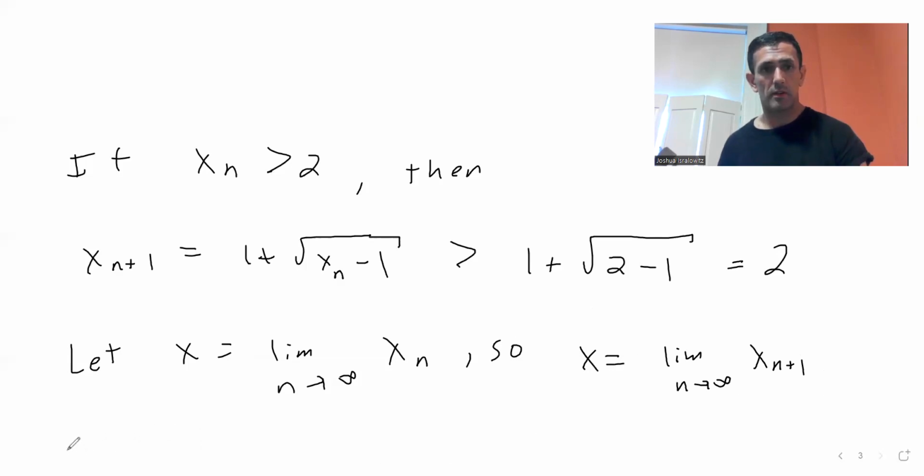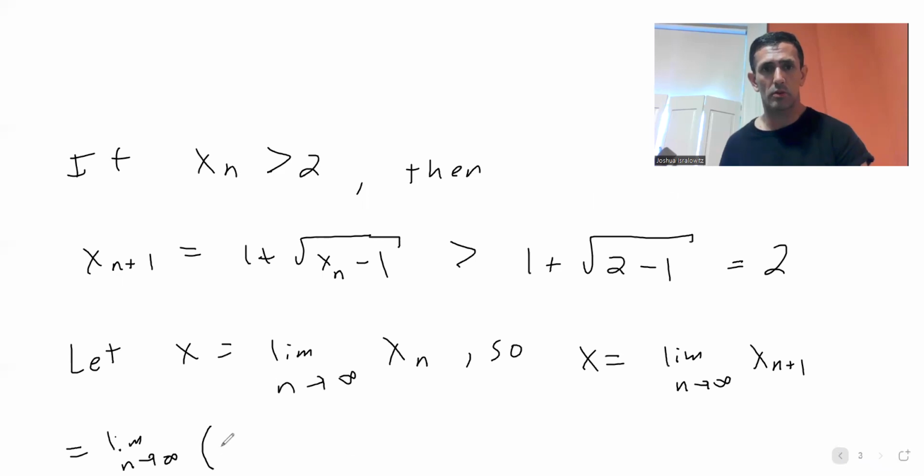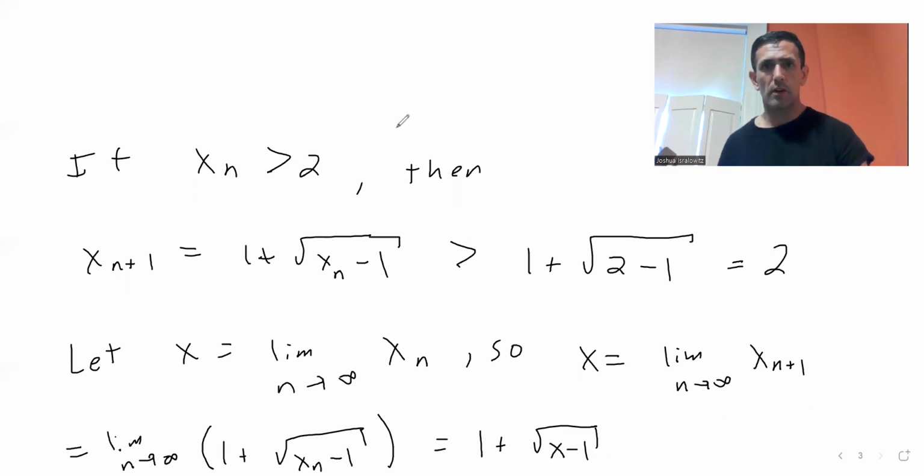And what is this? xn plus 1, the definition is 1 plus square root of xn minus 1. And by the limit laws, this is 1 plus square root of x minus 1.